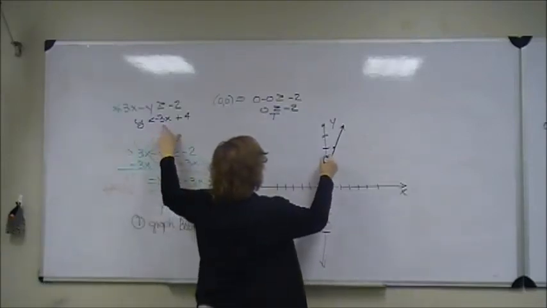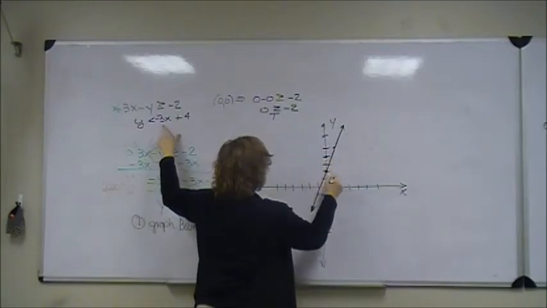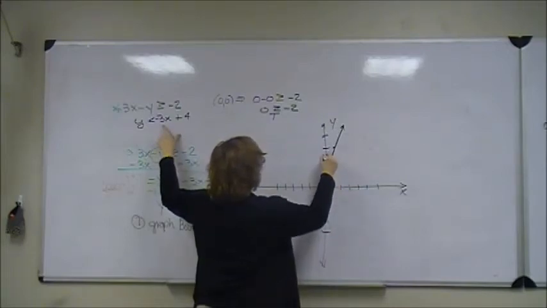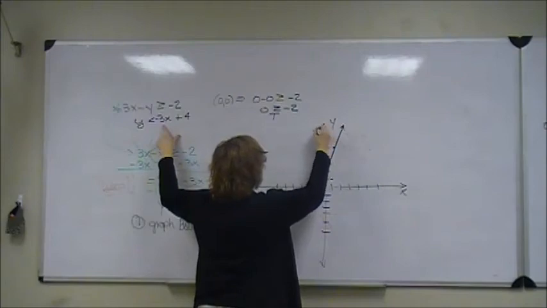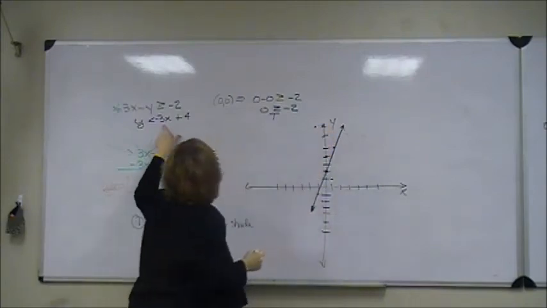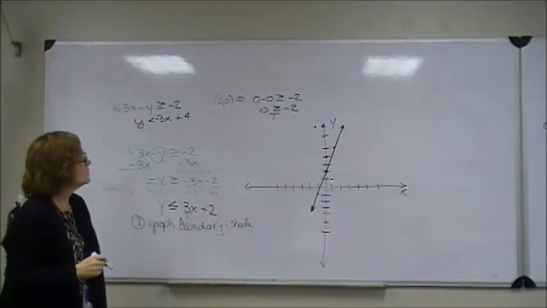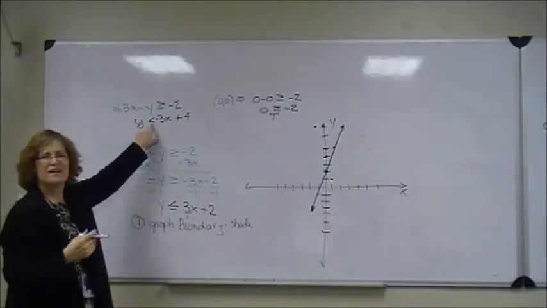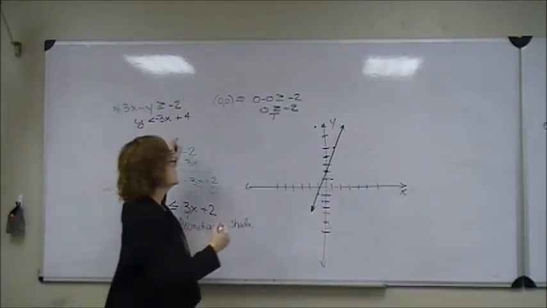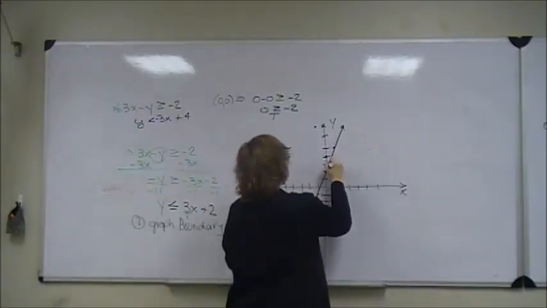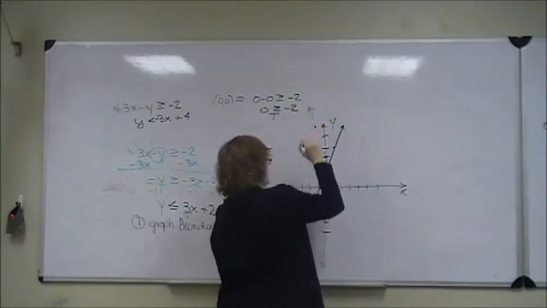So I'm going to go down 3, 1, 2, 3, right 1. Or I could have gone up 3, 1, 2, 3, and over 1. Remember, a negative slope rises into quadrant 2. This time my boundary is dotted, so I'm going to dot that boundary.